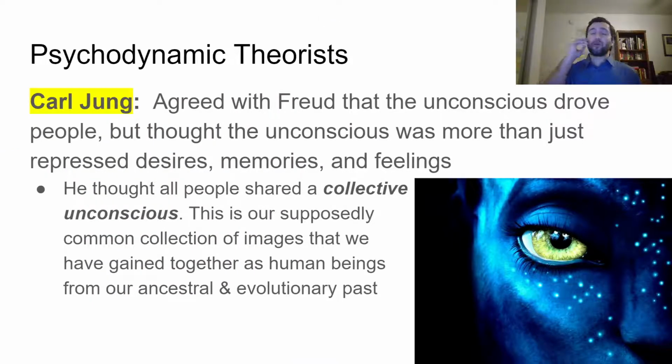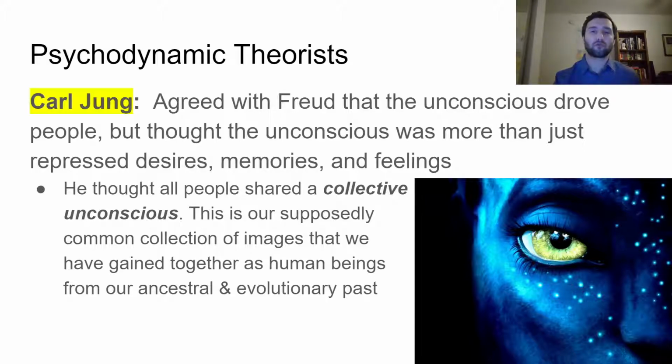We do have another really important thinker when it comes to psychodynamic theorists, and that is Carl Jung. Jung is, again, a psychodynamic thinker. So he's kind of a descendant, at least intellectually, from Freud. He still is going to focus on these unconscious drives.